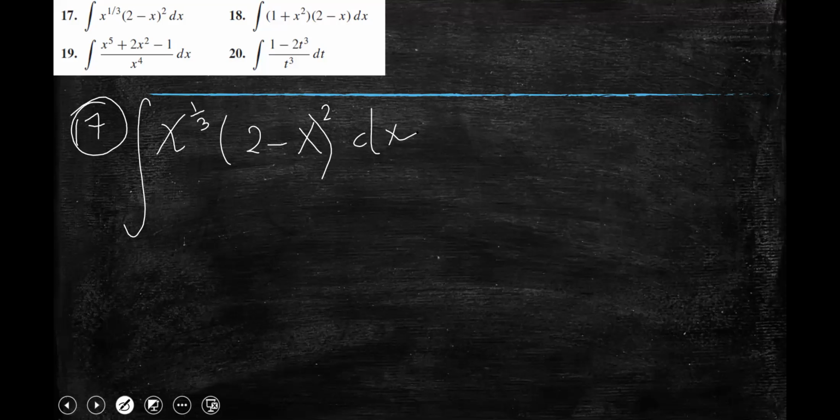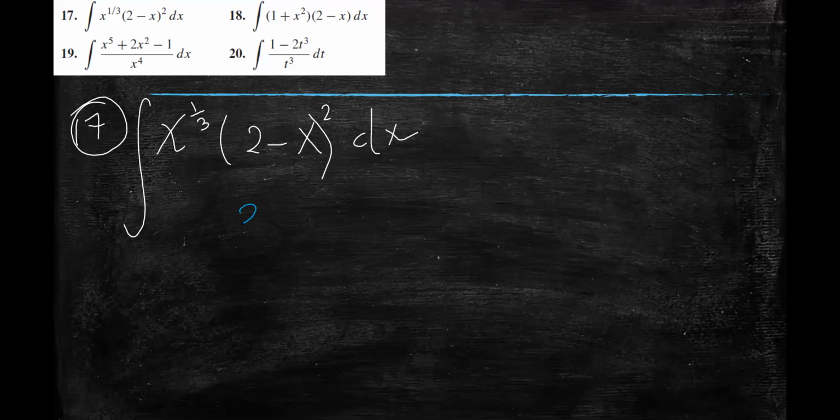The first step is to multiply 2 minus x squared. Since we have 2 minus x squared, I have to multiply 2 minus x by itself.